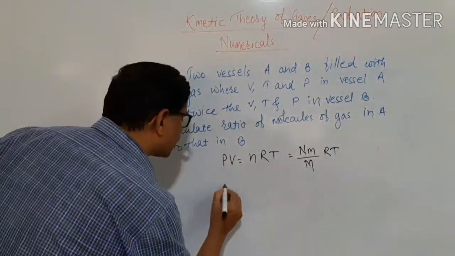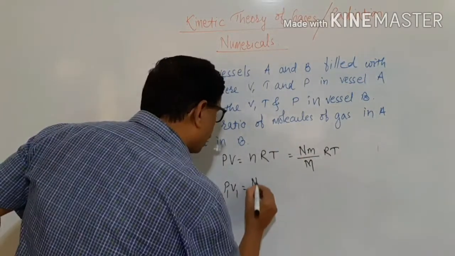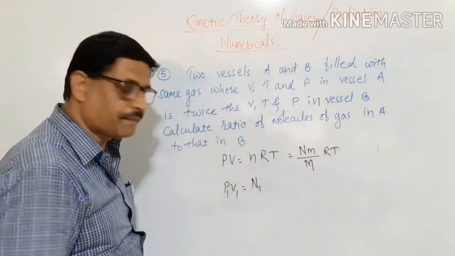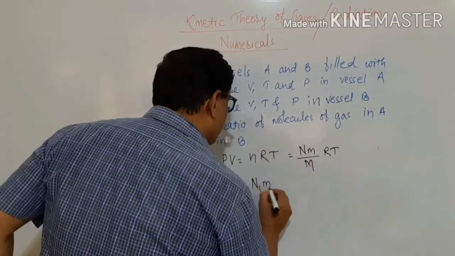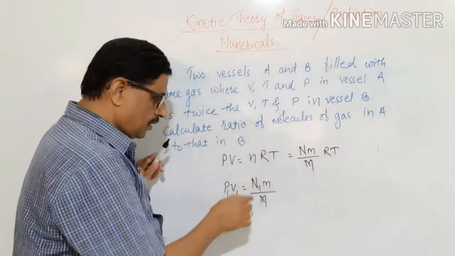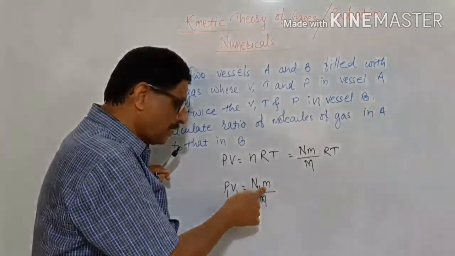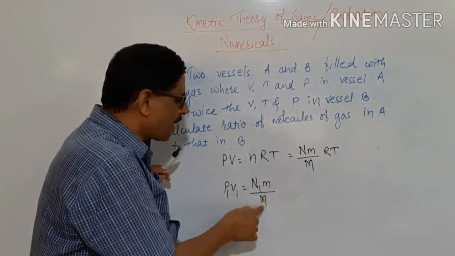I will write this as P1 V1 is equal to, with this, the number of molecules present here, capital N1, the mass of a molecule small m and the molar mass. Here we are using the same gas, therefore the mass of each molecule of the gas will be the same, and the molar mass will be the same.